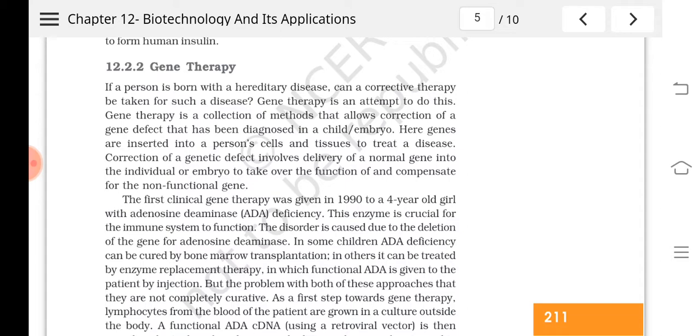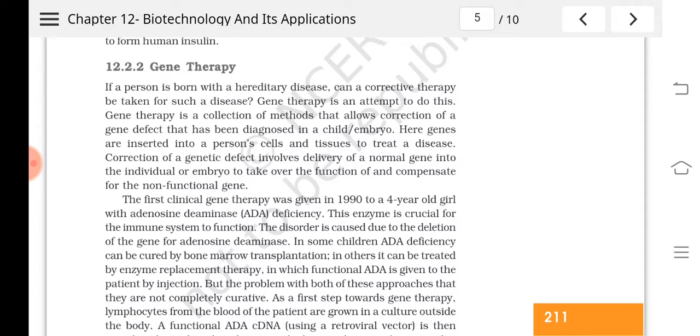So either we can insert correct genes into the person's cells or tissues to treat a disease. It involves the delivery of a normal gene to the individual or embryo to take over the function of and compensate for the non-functional gene.